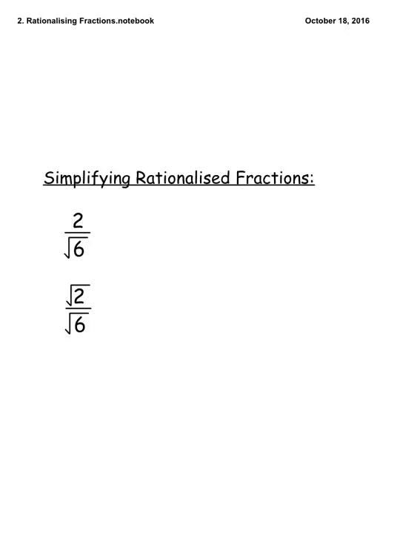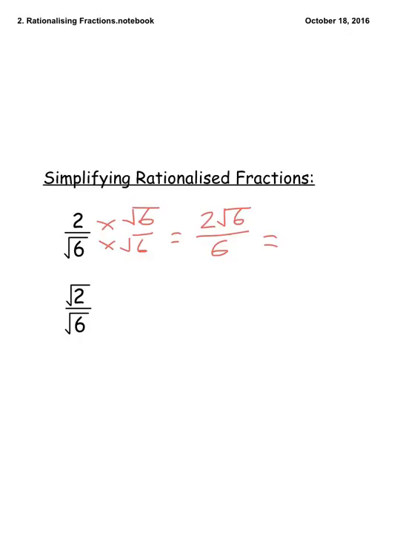Okay, so here are some examples that involve simplifying once you've rationalized the fraction. So again, I'm going to start off this top one by doing the same thing that we did before. I'm going to multiply by √6 on the top and the bottom of the fraction. 2√6 on the top, √6 times √6 on the bottom, so just normal 6.